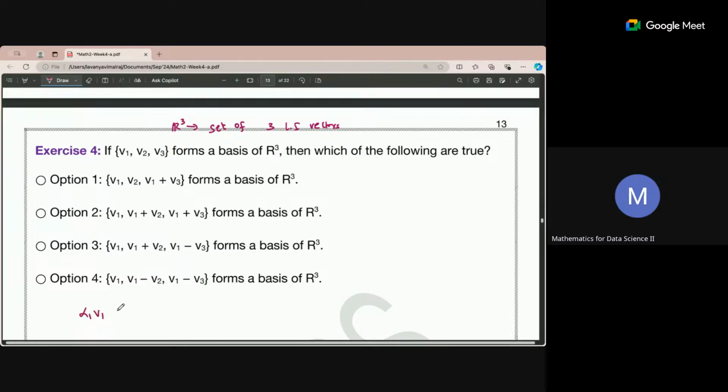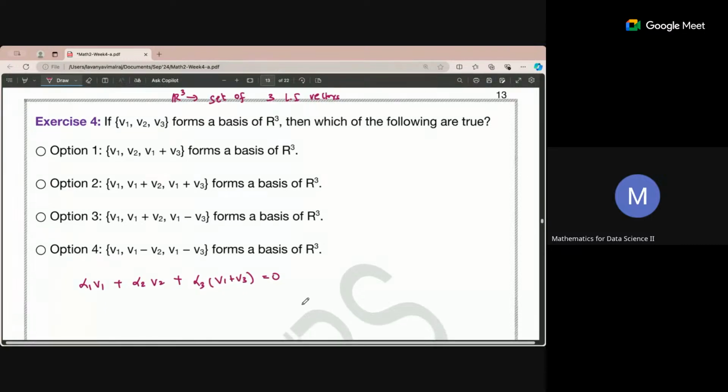So alpha 1 V1 plus alpha 2 V2 plus alpha 3 (V1 plus V3) is equal to 0. Now if this set is linearly independent, what should it imply? Alpha i must be 0. Yes, but that we don't know yet. So we are going to rewrite this as (alpha 1 plus alpha 3) V1 plus alpha 2 V2 plus alpha 3 V3.